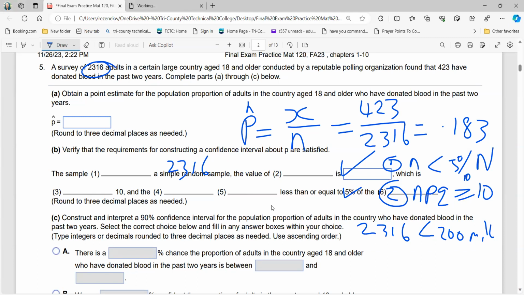The P hat, the point estimate, is 0.183, and P hat plus Q hat must be equal to 1, so Q hat is 1 minus P hat.